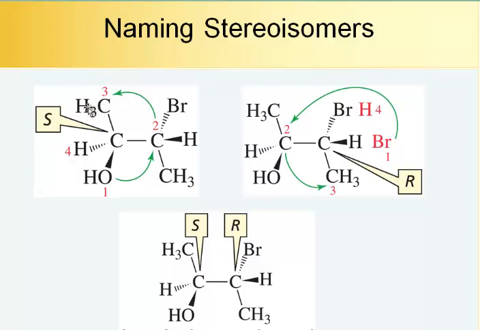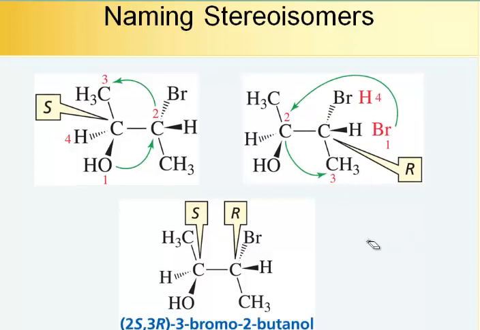The carbon that's only attached to a hydrogen here, this carbon is attached to a bromine and another carbon. So it's going to be the second priority. So we're going to go this way. This is counterclockwise. So this asymmetric center is an S. This asymmetric center over here, again, assign your priorities, see how it rotates, and this is an R.